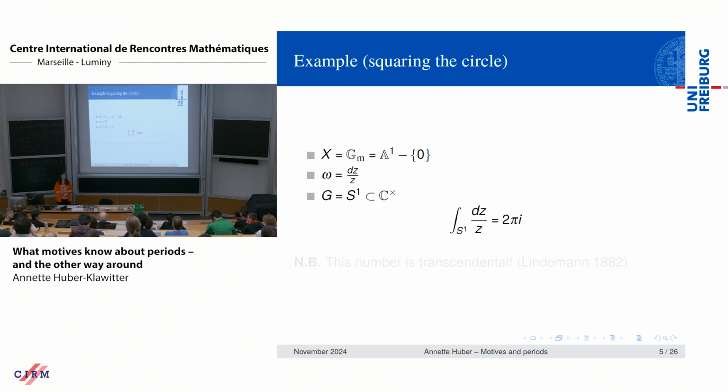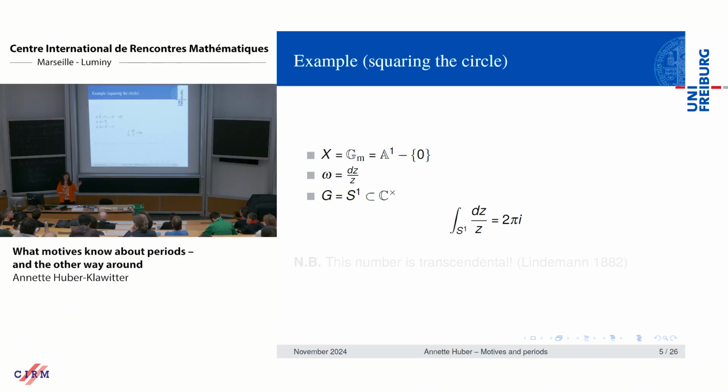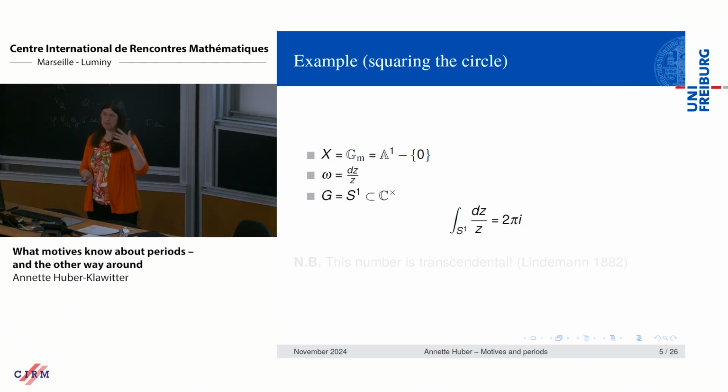Okay? In what sense is S1 defined? I mean, the C star you have to realize as being inside of R squared. Right, so I'm identifying C with R squared. When I'm talking about semi-algebraic things, you have to have sets over the reals. So C is R squared. So when I'm saying that this is a semi-algebraic set, what I mean is C star is a subset of R squared, and it's semi-algebraic in there. So if your variety is defined over some number field, you have to take a restriction of scalars?